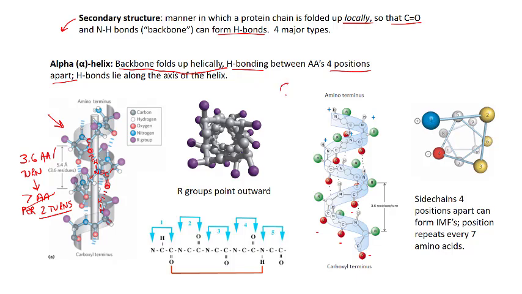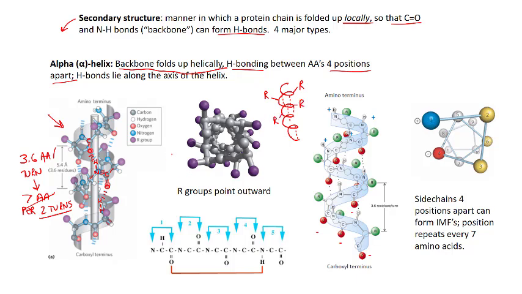Okay, so we said that our hydrogen bonds lie along the length of the helix between successive turns when our polypeptide coils up into an alpha helix. But where are the side chains? Well, the side chains stick out.